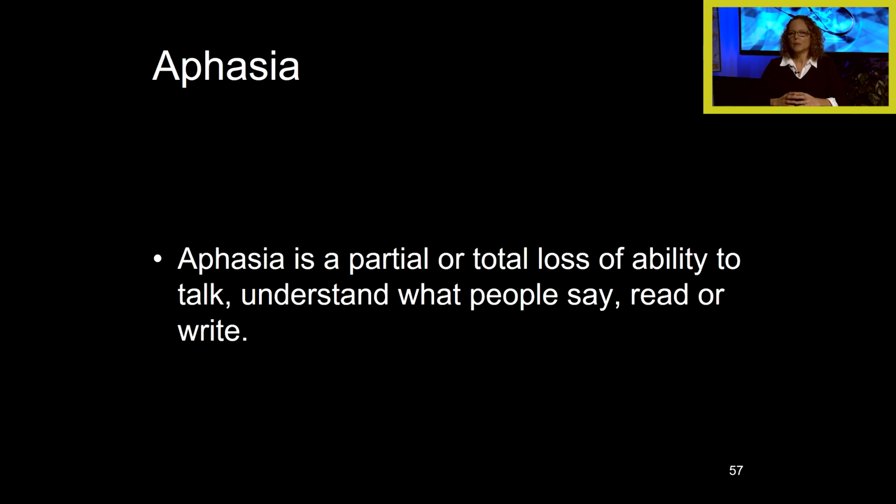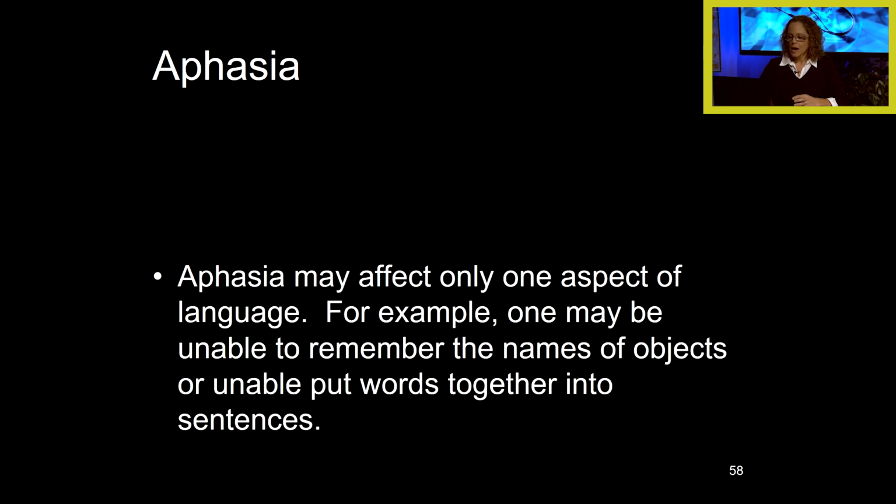Let's take a little bit of time to talk about aphasia. This is a partial or total loss of the ability to talk or understand what people say. It's difficult for the patient to read or write. Aphasia can affect one aspect of language. For example, somebody might be unable to remember the name of an object or unable to put words together in sentences.